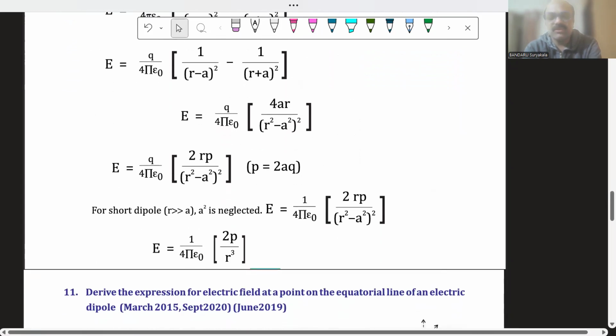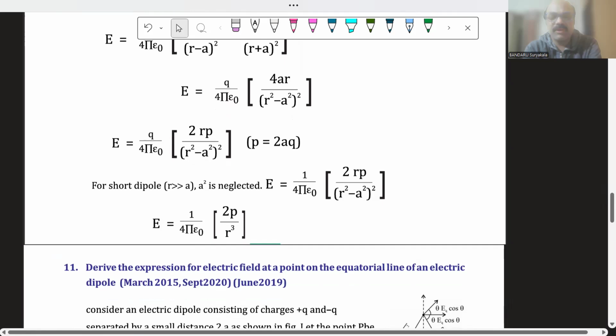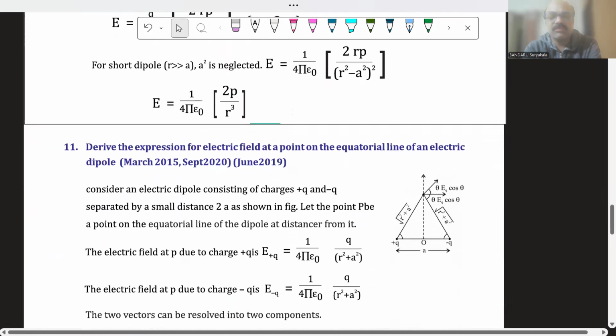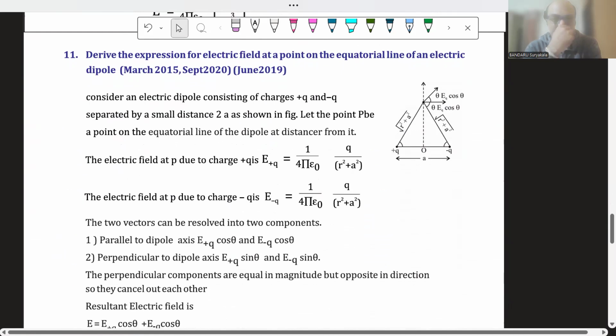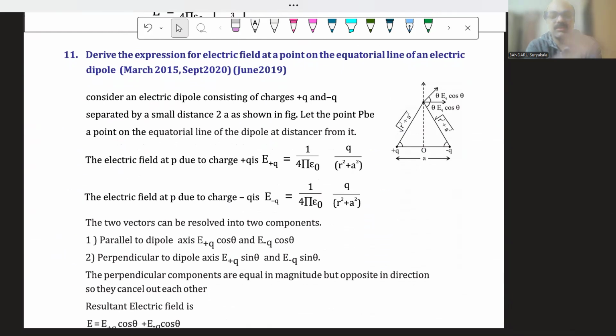The next important one is the electric field of a dipole on the equatorial line. This is the way you should write a 5 marks question. If they ask, draw the diagram and the direction. Arrow marks are very important. If you forget the arrow marks, they will cut the marks, and sometimes they don't give the marks at all.